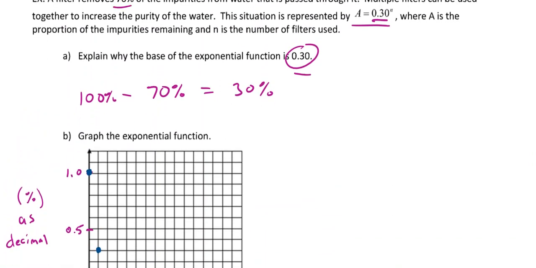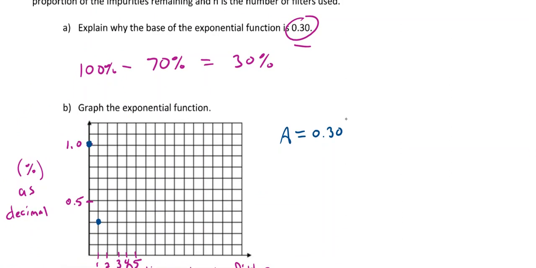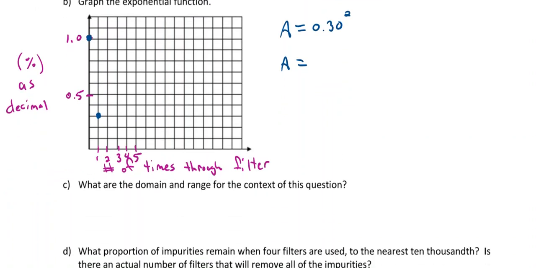So now you might want to go to the equation. So it would be A is equal to 0.30 to the power of 2 filters, right? So then A would be equal to 0.09. So that would be right about here.